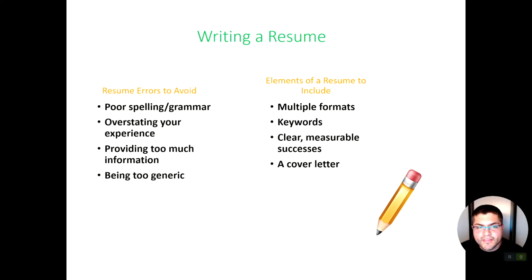So when you're putting together your resume, you want to make sure that you have the chance to proofread your work and make sure that it's free of spelling and grammar mistakes. Okay, so you want to make sure that you proofread it. If you have a friend, you may want to ask your friend to proofread it. And if you are in this class, you could have me proofread it and I can give you some feedback on that.